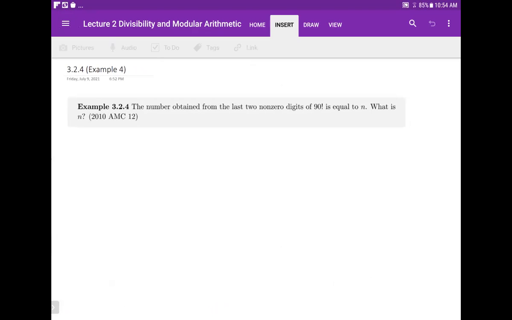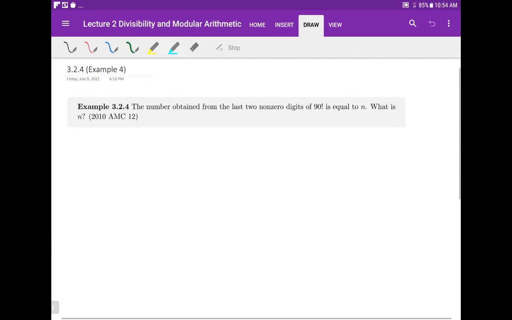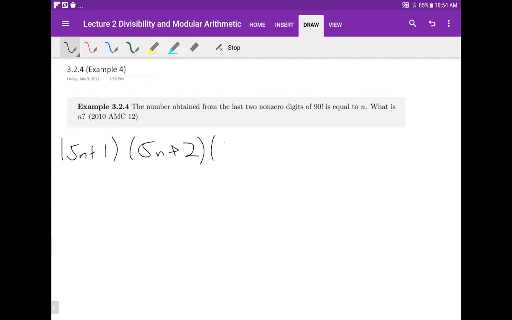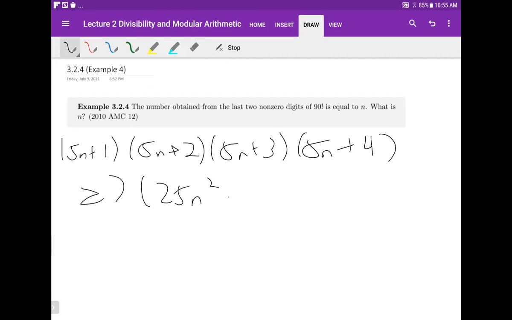So first, the first thing that you have to notice is that for any integer n, if we have 5n plus 1 times 5n plus 2 times 5n plus 3 times 5n plus 4, we have that this is equal to, if we group the factors like this, right?